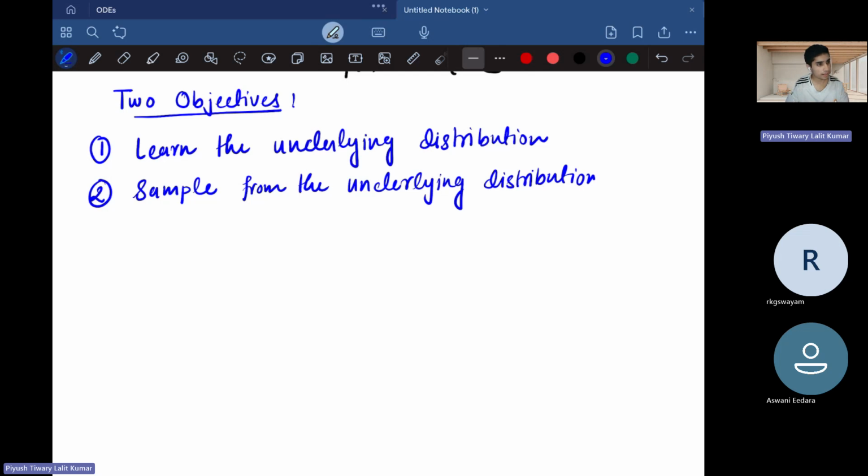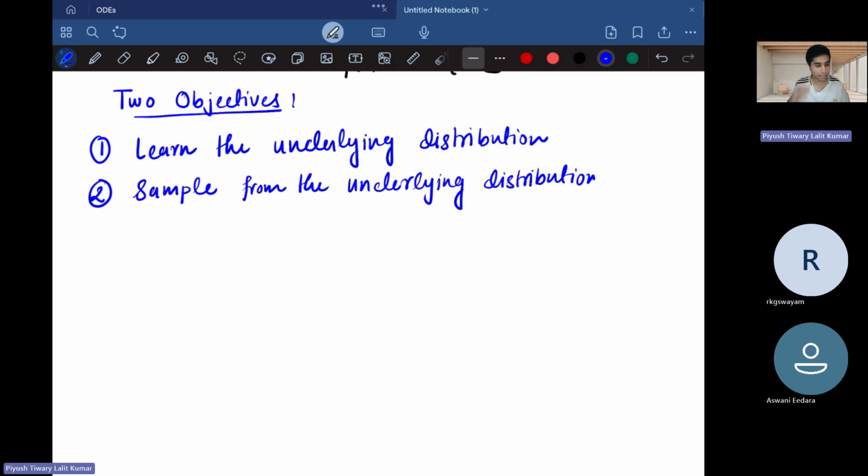Just learning the underlying distribution is not enough. We should be able to sample from the distribution as well. These are the two main goals of generative modeling in general.